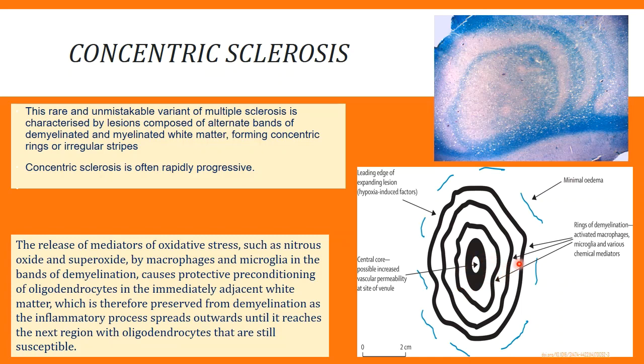And what you see here are the rings of demyelination, which particularly consist of the macrophages and microglia, and they produce a lot of chemical mediators as well. And that results in the characteristic demyelination. So there are zones of demyelination and remyelination, and that produces a characteristic concentric appearance.